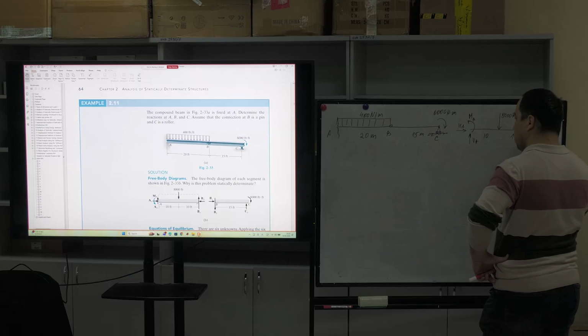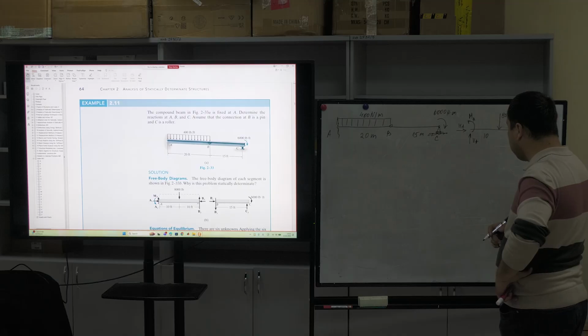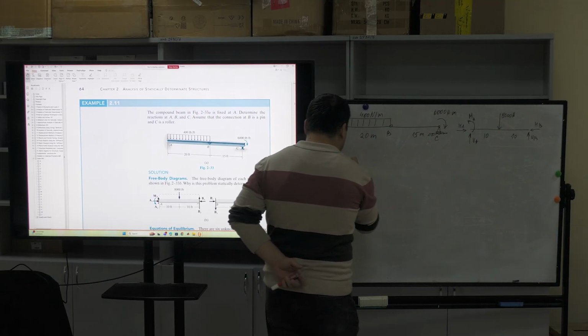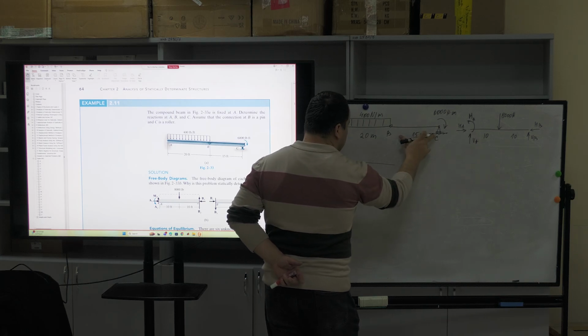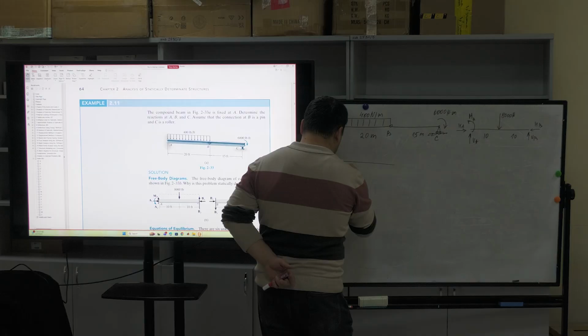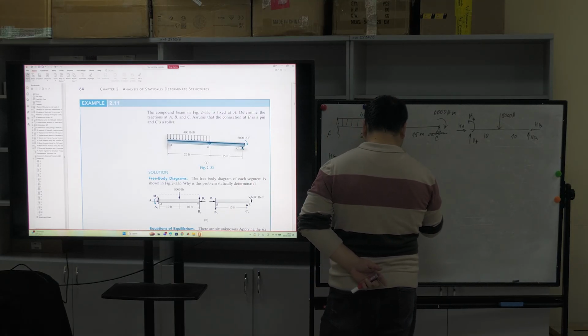Here again 10 meters, and we have reaction forces VB and HB. For the second part, we put another piece of this beam with the inverse direction of reaction forces, HB. If you make a mistake, you fail.